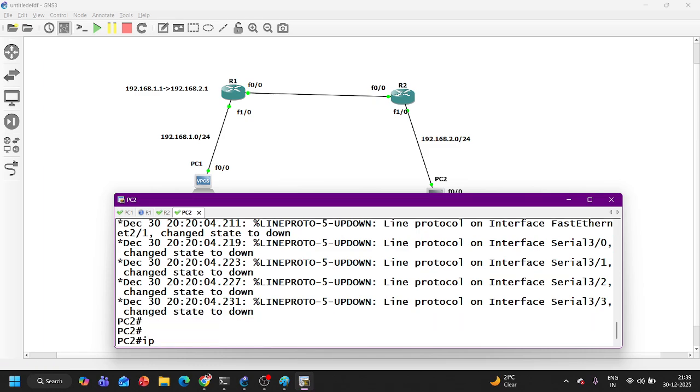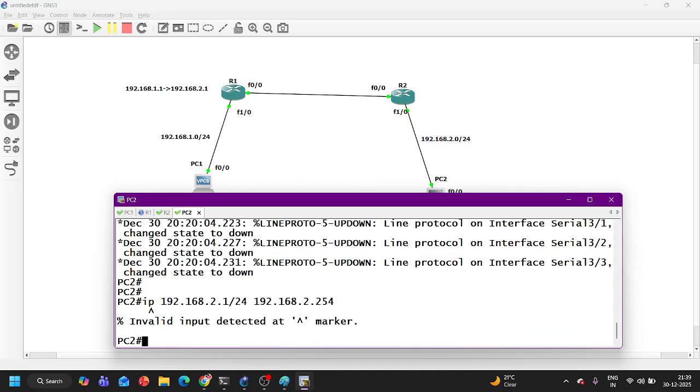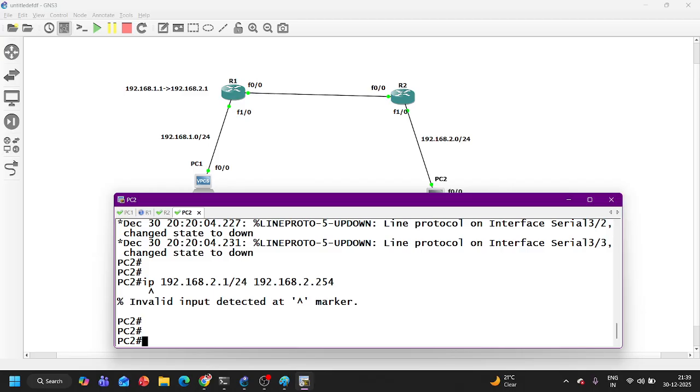PC2 IP is 192.168.2.1/24, and 192.168.2.254 is the gateway. What happened, guys?